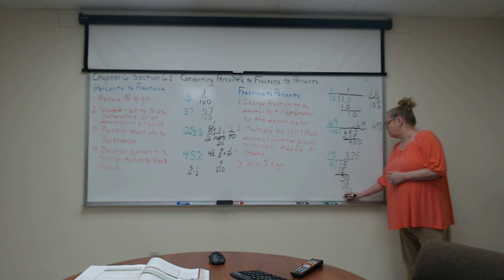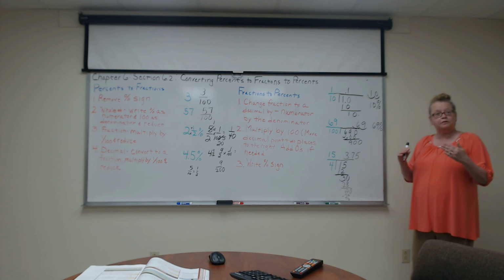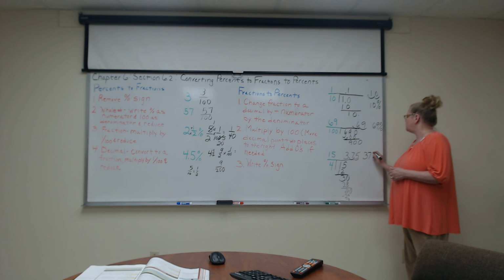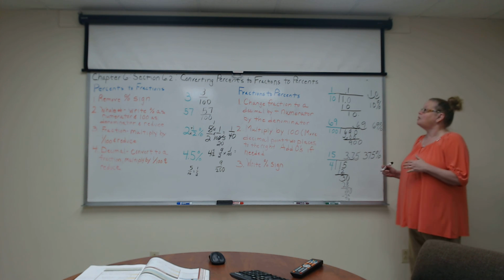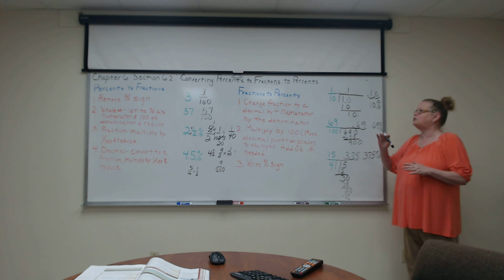We subtract our 20 here and end up with 0. But now we have to move the decimal point over 2 places. We move it 1, 2, and we end up with our answer as 375%. So this highlights the process you use to change percents to fractions and then fractions to percents.